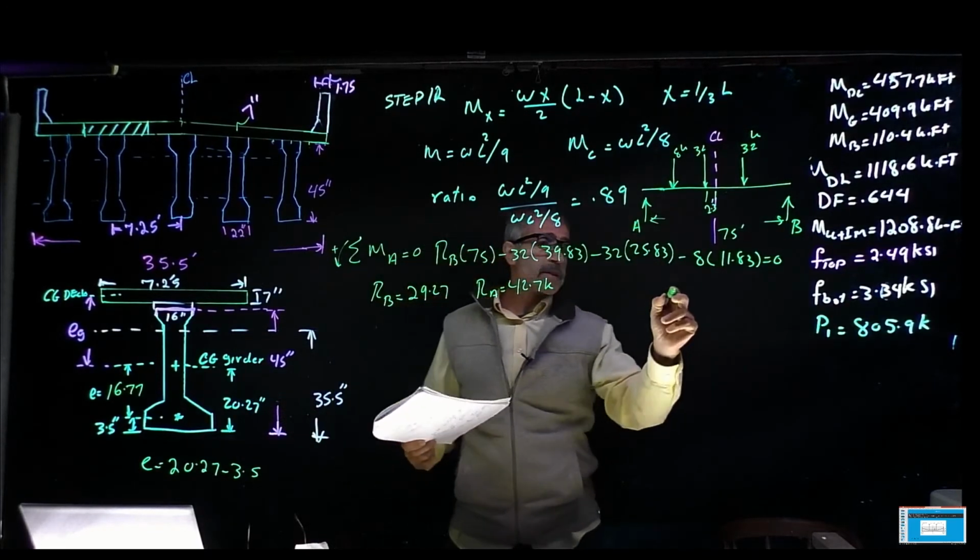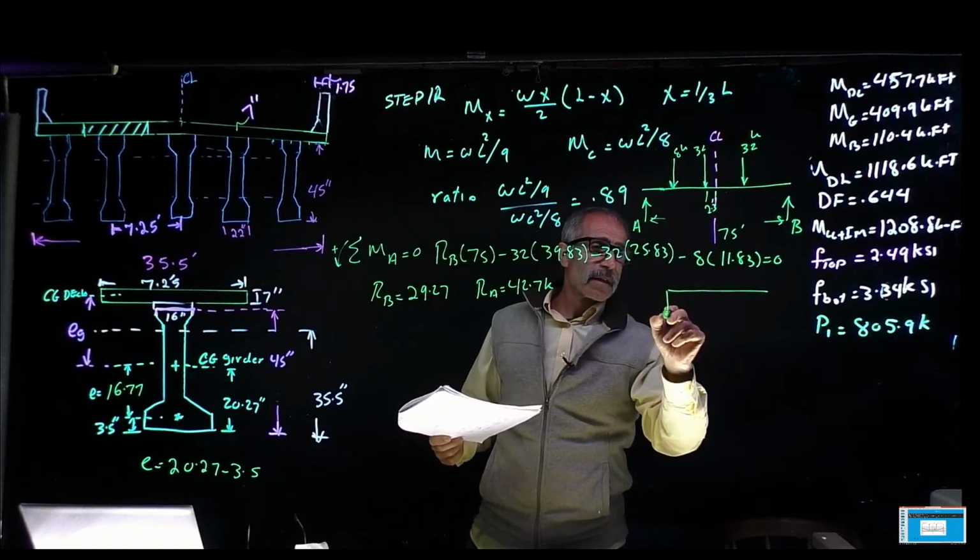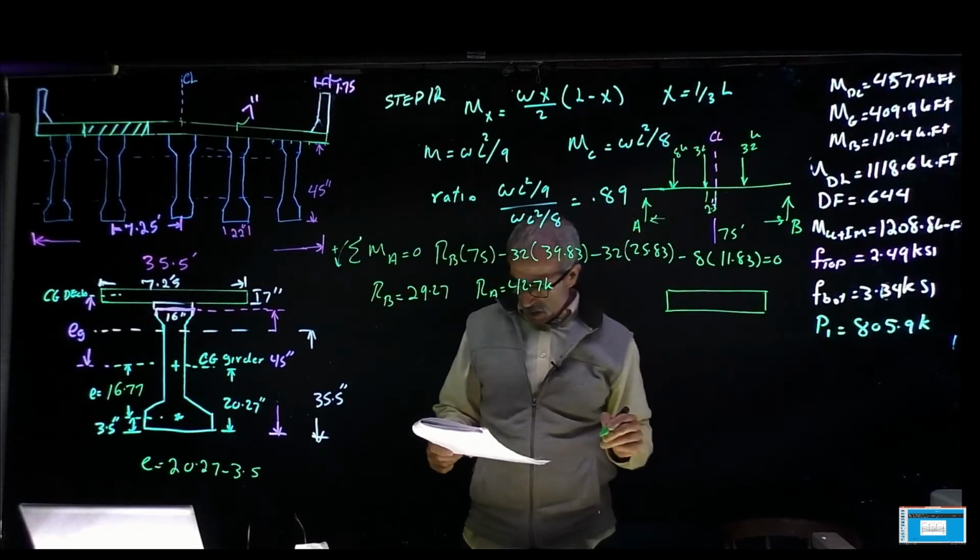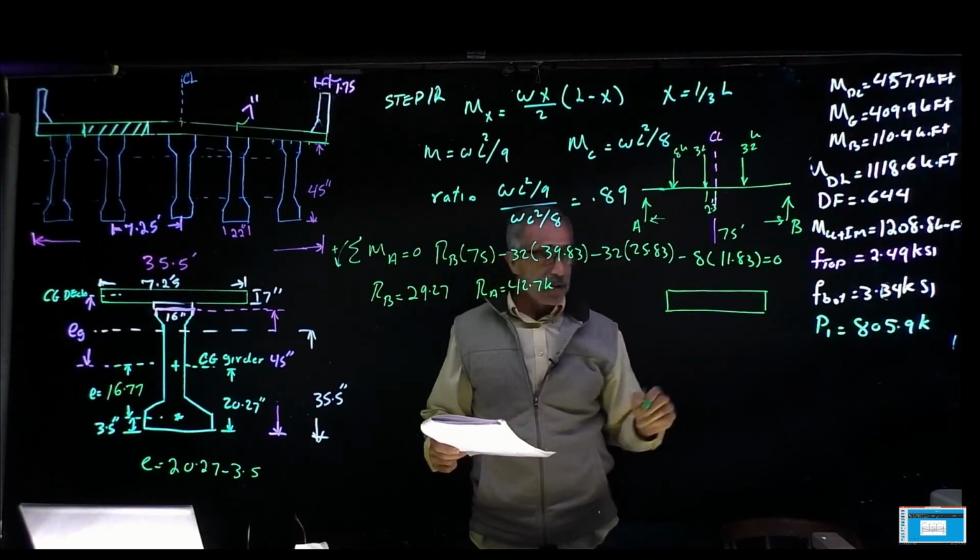Now to find the maximum moment, I'm going to go ahead and cut it right where I want it, right underneath the 32 kip load.